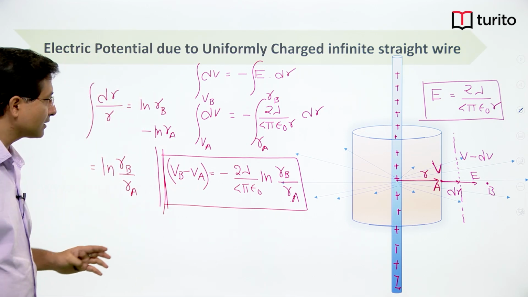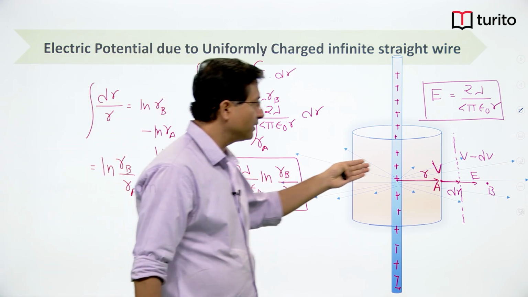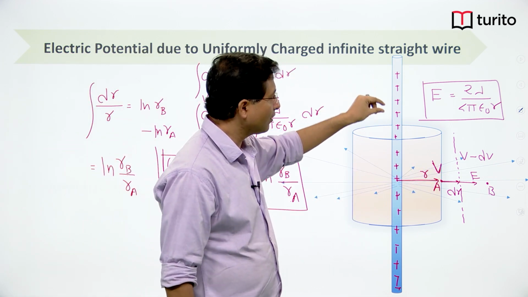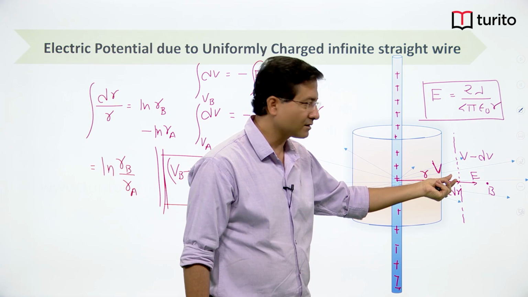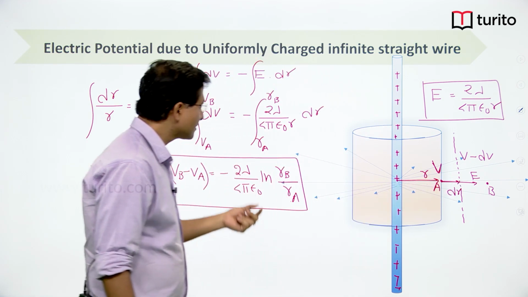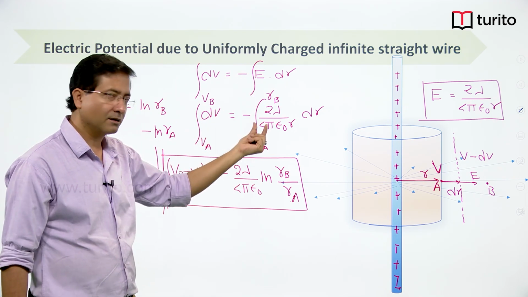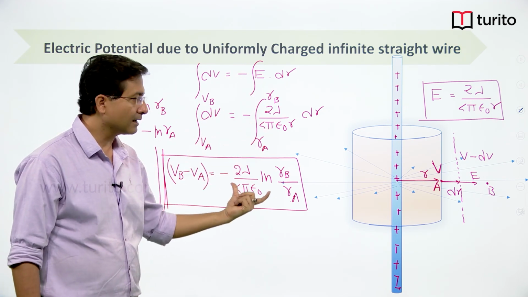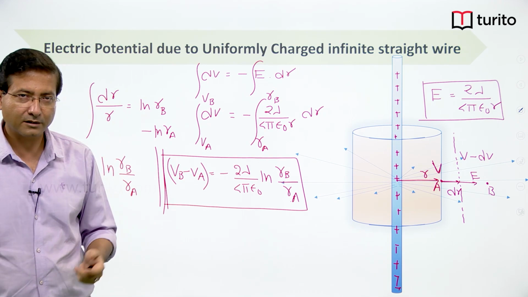I hope the procedure is clear. To get the potential, instead of taking all the elements and integrating, which looks a little complicated, I already know the field at distance r. Using that expression, if I integrate, I will directly get the result. Very simple.